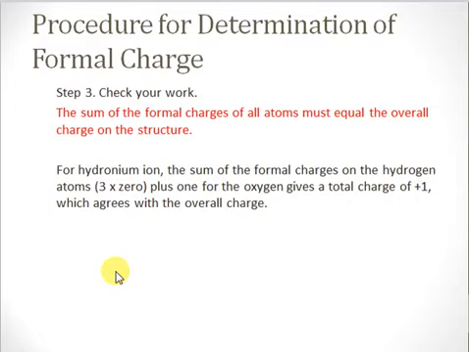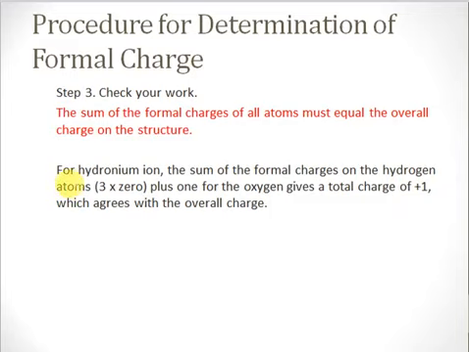So the third step, when you have calculated all the formal charges, is to sum all of the formal charges, and the sum must always be equal to the overall charge on that molecule. For example, we saw that the hydronium ion has +1 charge. It means if we sum up all of the charges we have calculated, the sum should be equal to +1. So just remember that in the hydronium ion, the hydrogens had 0 charge, right?